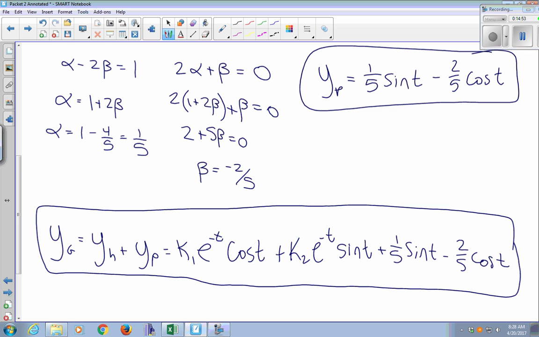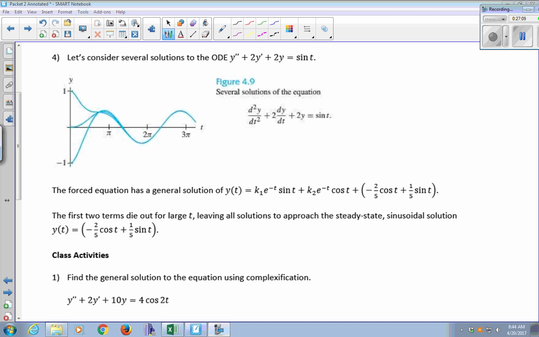So I've got several solutions graphed to this differential equation that we just solved. And it looks like they all look kind of different, but then they sort of settle into the same sinusoidal function. And that makes sense when you look at the solution that we came up with, because the y homogeneous terms are sinusoidal, but the amplitudes of them are exponential decay functions. The e to the negative t are exponential decay functions.